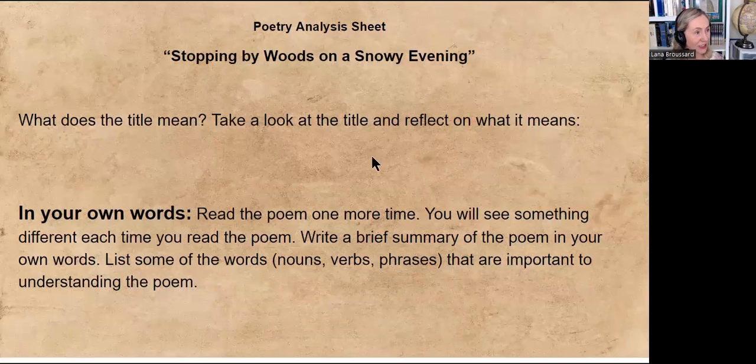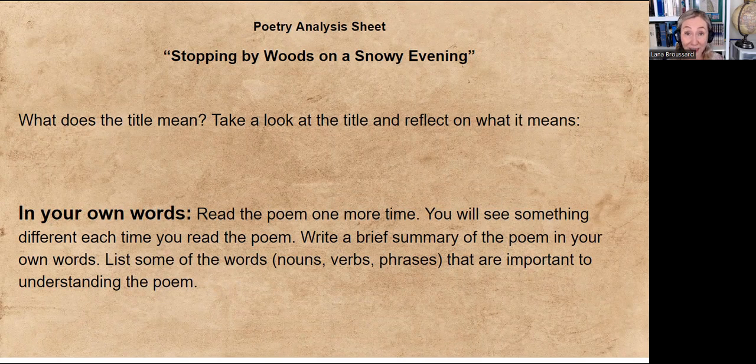Okay, on your worksheet, you're going to get into your groups. Let's go ahead and get into your group of 4. All right. So you should already have something for the title. So make sure you have that down.